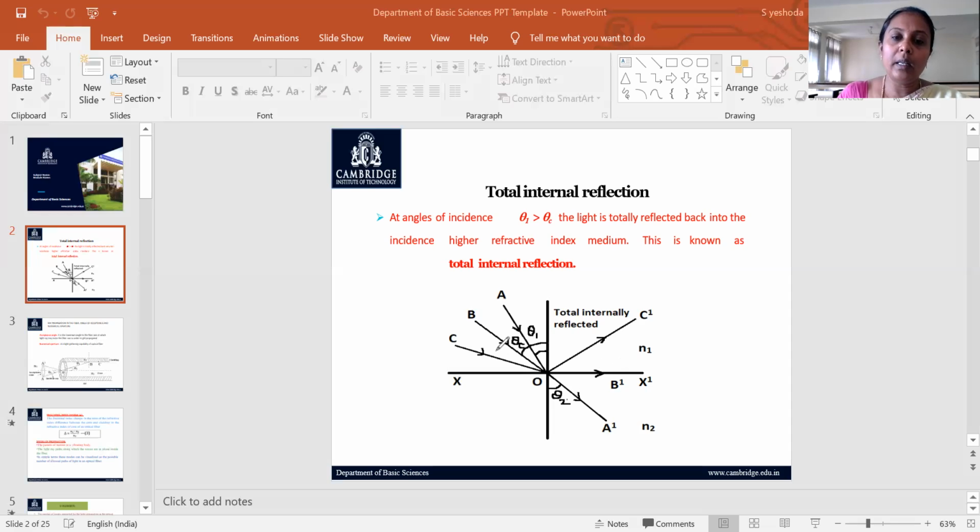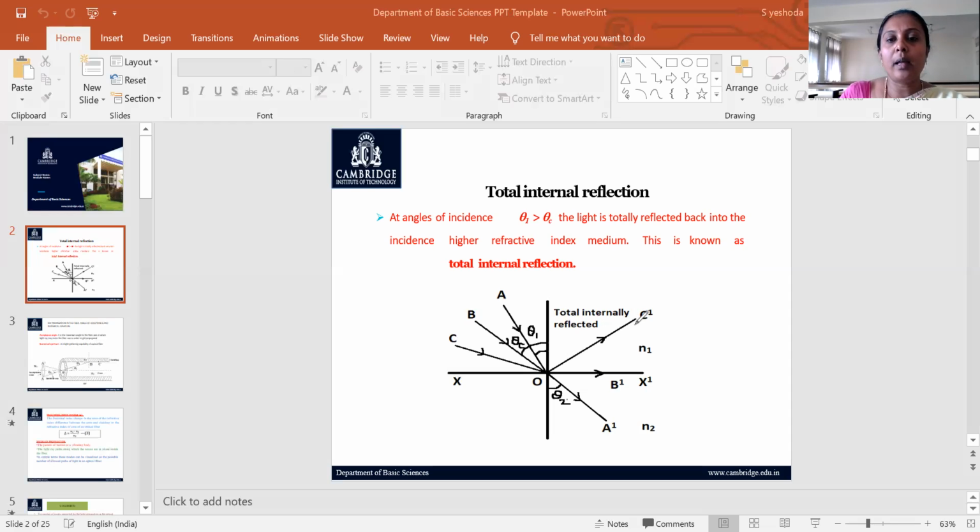Now continue incidenting the ray of light at an angle greater than the critical angle. Let us call this the incident ray, incident at a greater angle than the critical angle. When we incident CO with an angle greater than the critical angle, the same ray gets reflected back into the same medium.